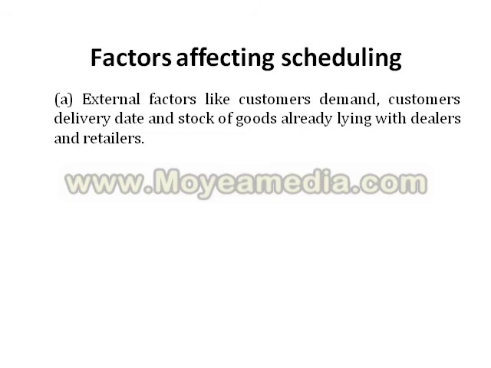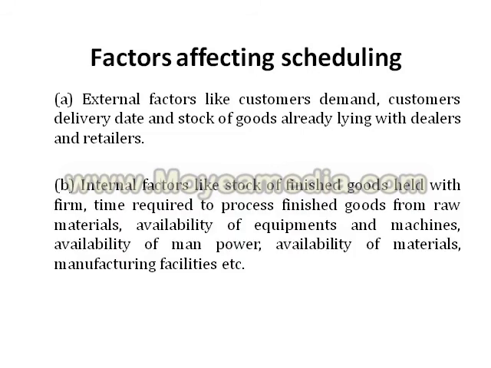The factors that generally affect the scheduling are external factors like demand, delivery date, stocks, maybe inventory. If there is any idle time or lead time in the inventory procurement, then that will definitely affect the scheduling. And there are also internal factors like availability of equipment, manpower, materials, facility, etc. Everything will affect the scheduling part.